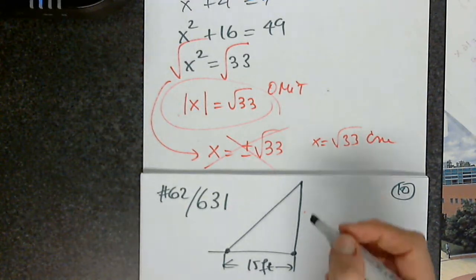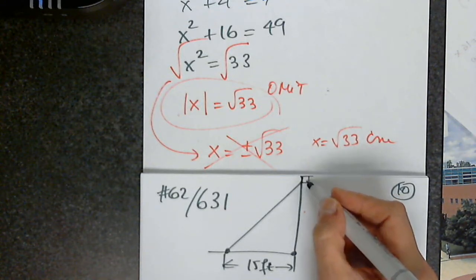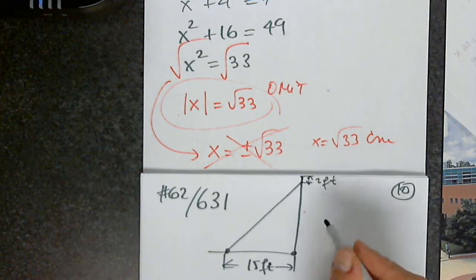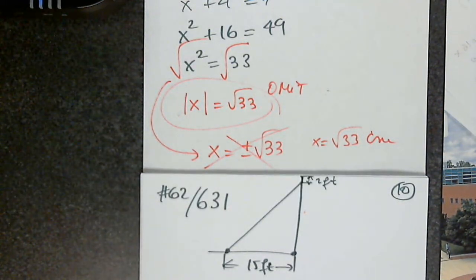So I'm going to say that this is the 2 feet. And they have a total of, it says, workers have only 30 feet of cable, and 2 feet of that must be used to attach the cable to the pole and to the stake in the ground. Fine.